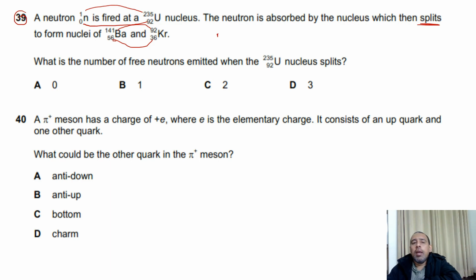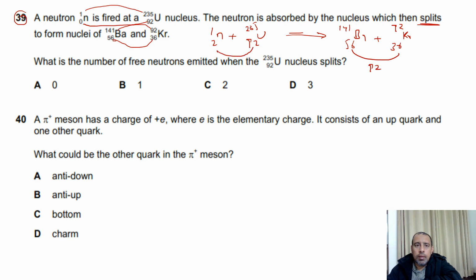So neutron 1 0 plus uranium 235 92 gives barium 141 56 plus krypton 92 36. That's 1 and 0, it's 92 and it's 236, but these are not 236, these are 233.